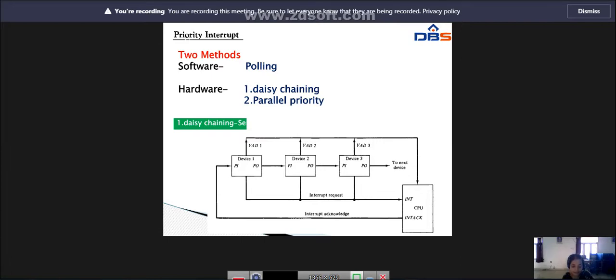The interrupt request line is common to all the devices: device 1, device 2, device 3. It forms a wired logic connection.